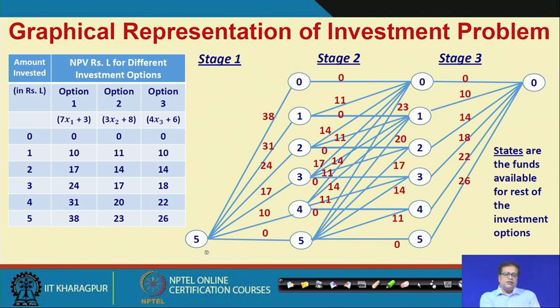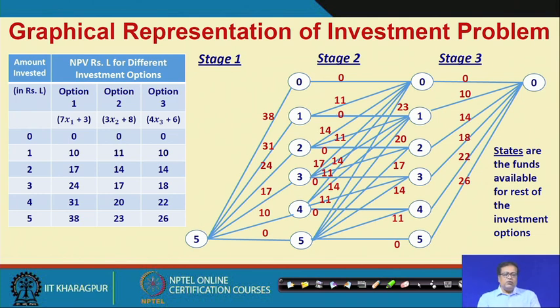At every stage, the state is determined by the fund that is available for the rest of the investment options. In the beginning, the entire 5 lakhs is available. After stage 1, it could be 0, 1, 2, 3, 4 or 5 depending on how much you have invested, and at stage 3 also, but finally obviously we have nothing left if we invested the rest in the 3 investment options.